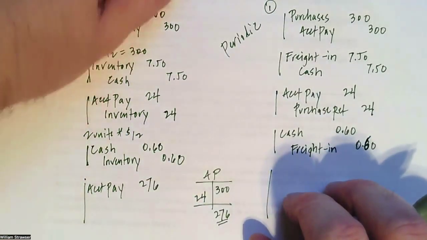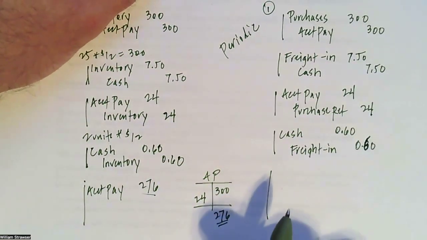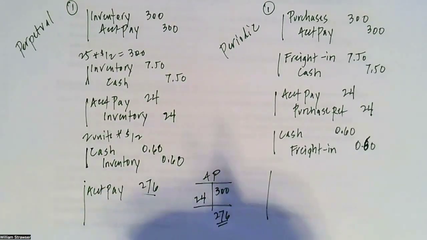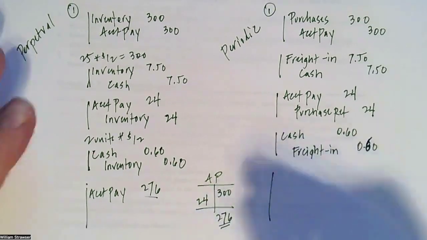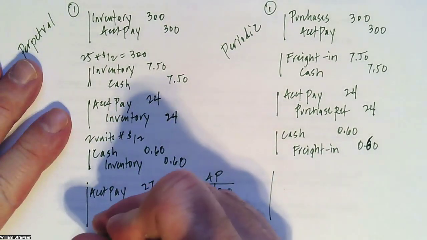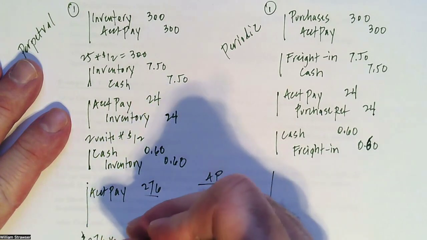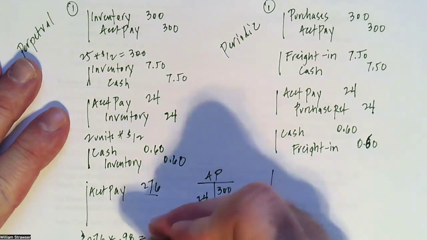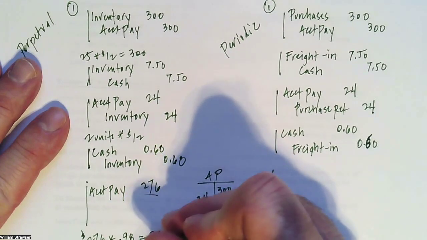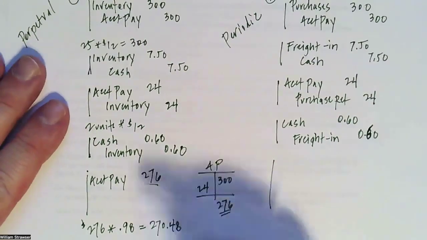$276. Now, this is the full price. But if I always pay in discount, then I'm not going to pay the full price. I'm actually going to pay... $276 is my full, and I get to net 2% off of it. So I'm going to multiply it by 98% to get that net of discount price, which is $270.48.